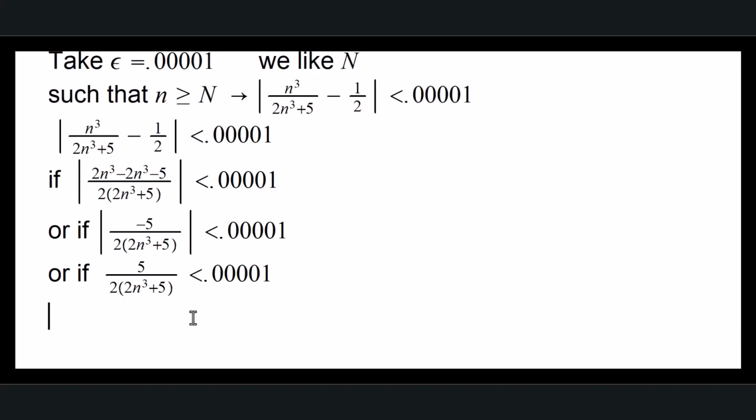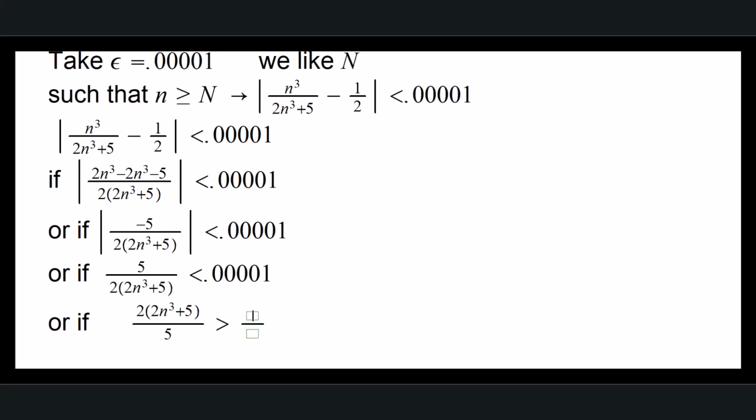Or in other words, we may just flip this quantity. So we have 2 times this quantity over 5, and if we reverse it, the inequality will reverse.